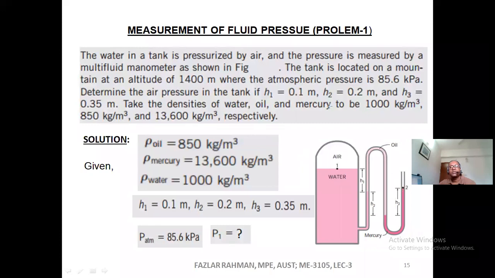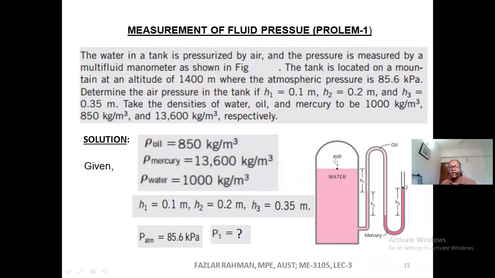Okay. So it's saying this tank is located on a mountain at an altitude of 400 meters, where the atmospheric pressure is 85.6 kilopascal. Right over here is 85.6 kilopascal. Determine the air pressure in the tank. Right over here, point 1. You need to figure out the air pressure.